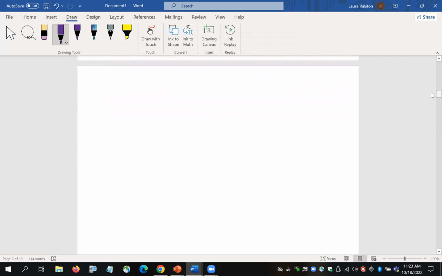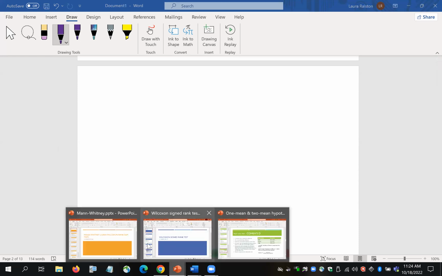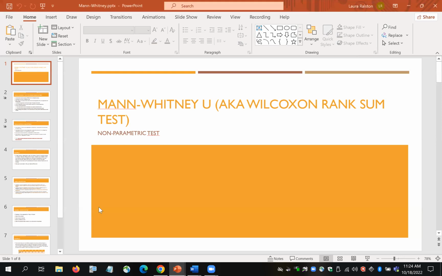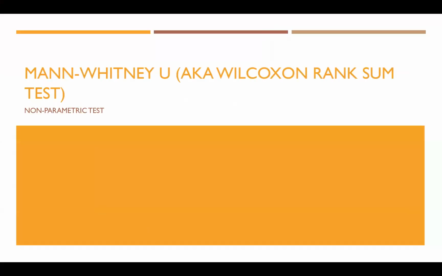And that's the difference between a parametric test, which we just performed, and a non-parametric test. The comparable non-parametric test is called a Mann-Whitney U test, or it's sometimes called the Wilcoxon rank sum test.